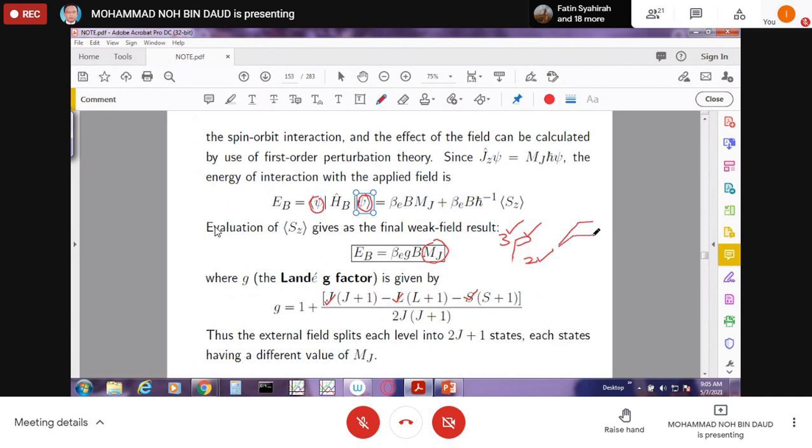So this energy will split into 5 different energies with different MJ.